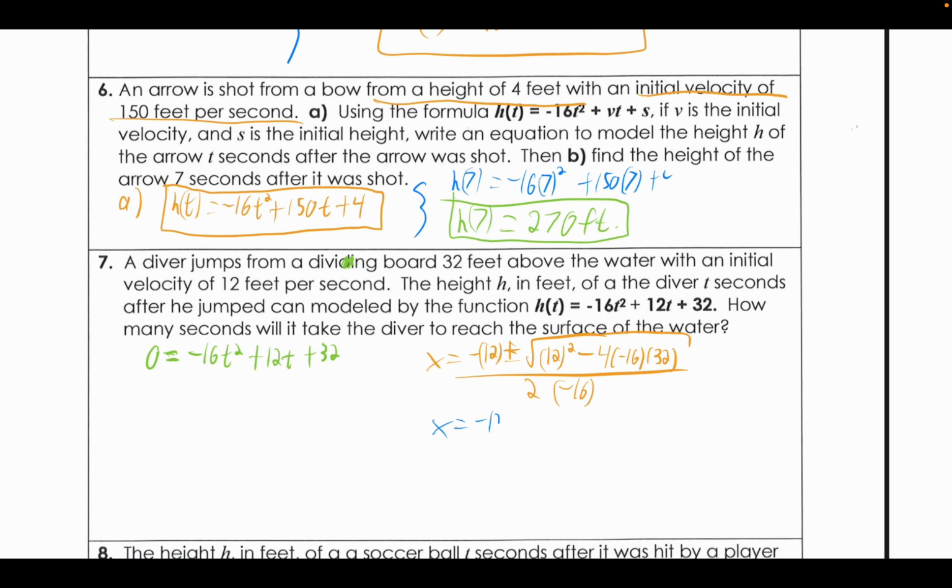And this is negative 12 plus or minus the square root of 2,192 all over negative 32. And that is approximately negative 1.09, which we can rule out for being a negative timestamp, and 1.84 seconds.